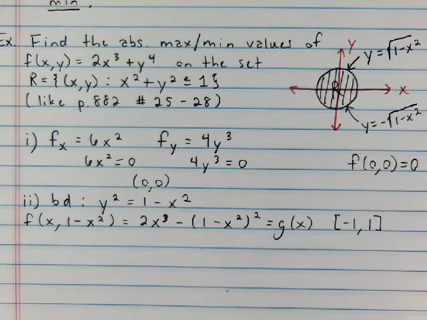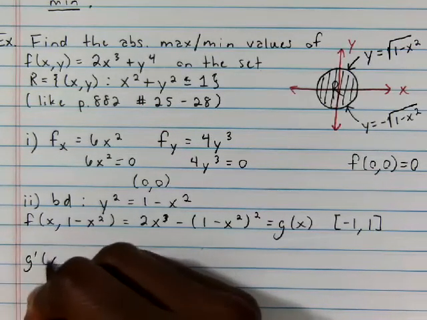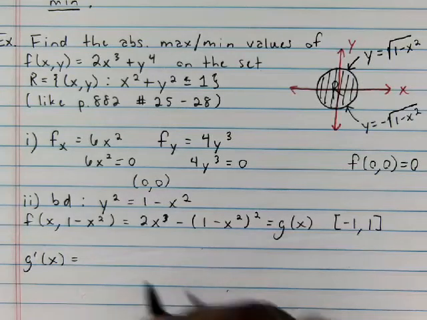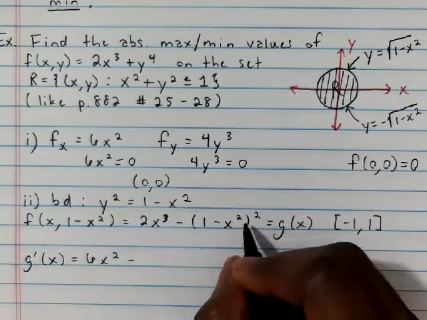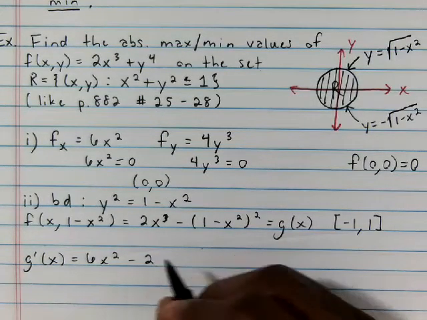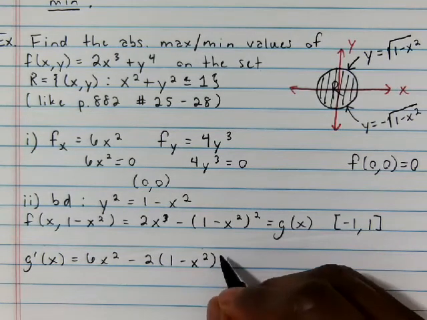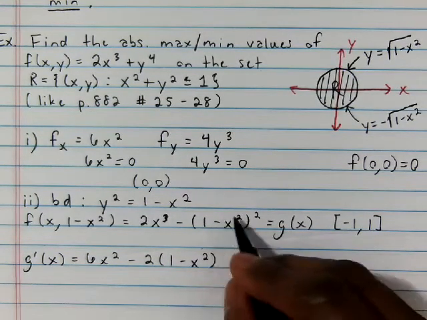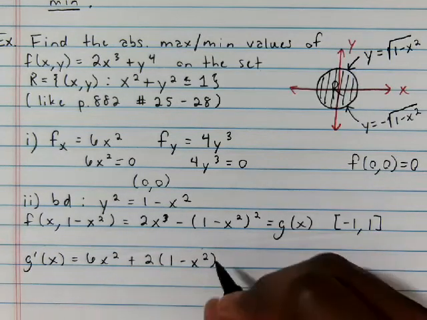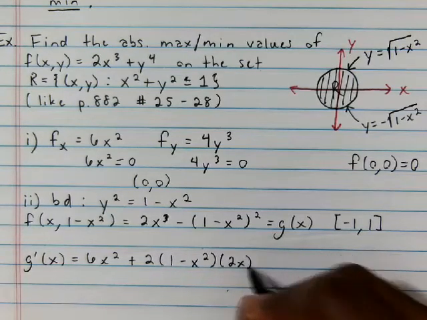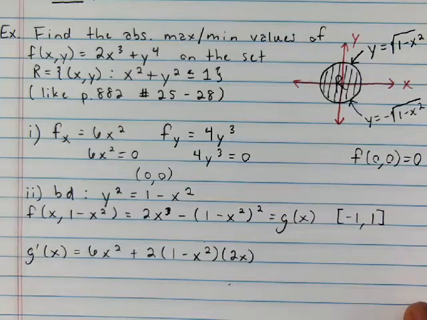All right, so g prime of x is going to give us 6x squared minus 2 times 1 minus x squared raised to the first power times a negative 2x, the derivative of the inside. Put that plus right there and a positive 2x right there. All right, so we're going to simplify this, set it equal to 0, and solve for x.